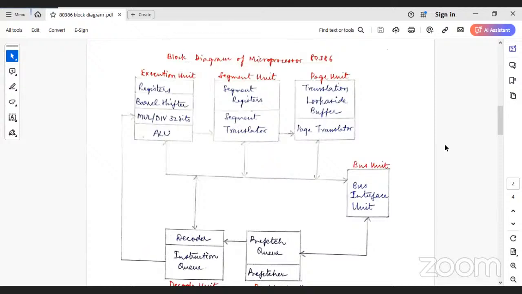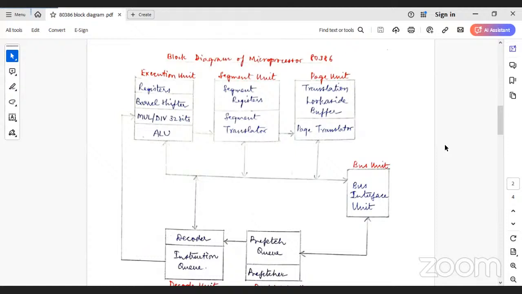Now make a note of all the different blocks which are there in the execution unit. It has registers, a barrel shifter, and for multiplication and division, a separate circuit which will carry out the multiplication and division of 32 bits. And it has an arithmetic logic unit. Registers will be needed because it has to temporarily save some data.